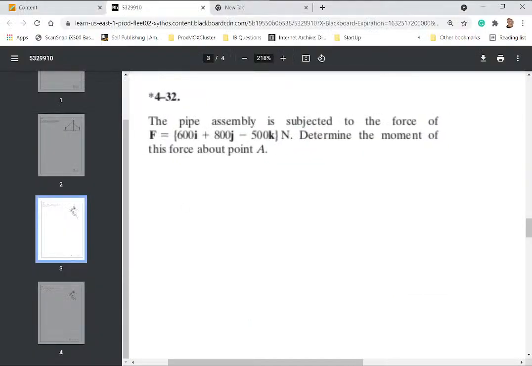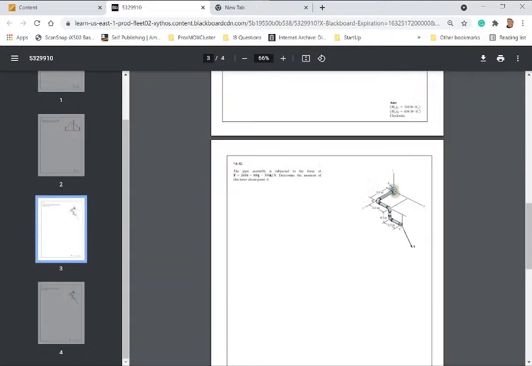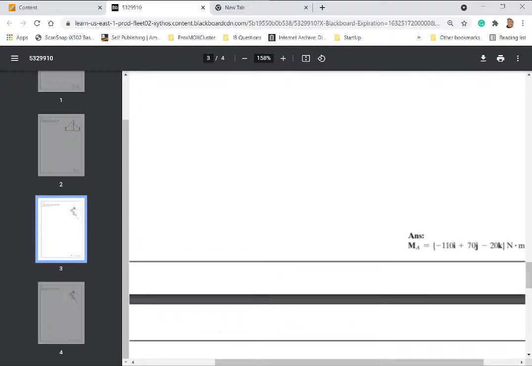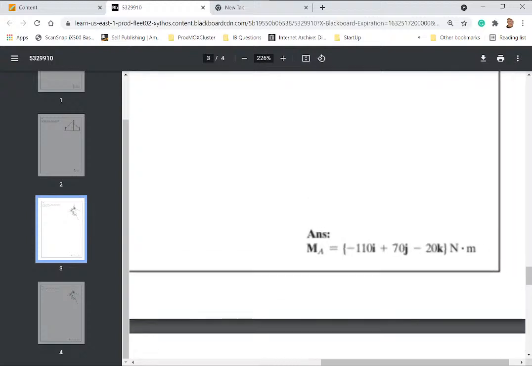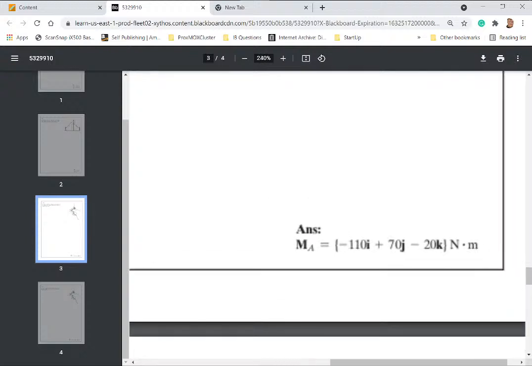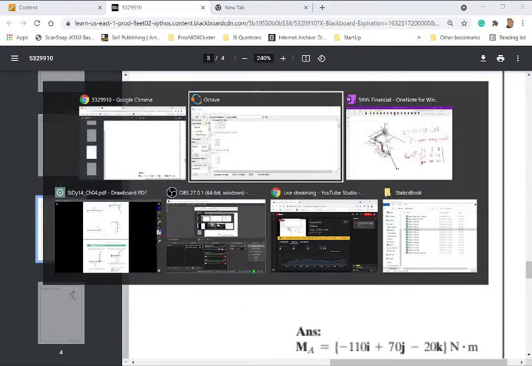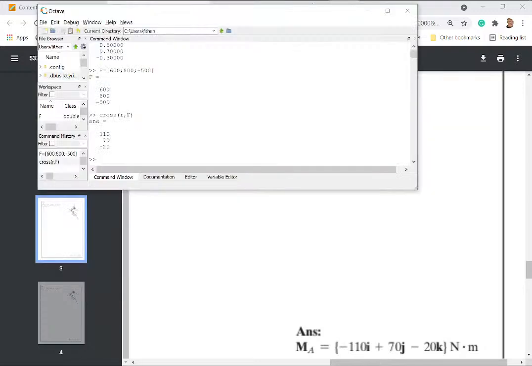This is about point A. Minus 110, 70, and 20. It's that simple.